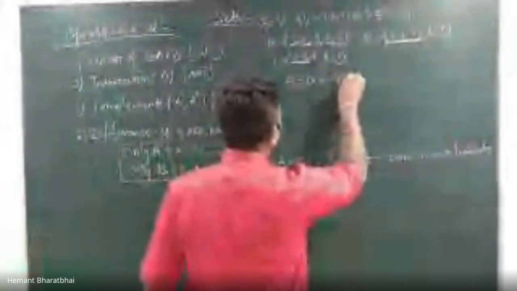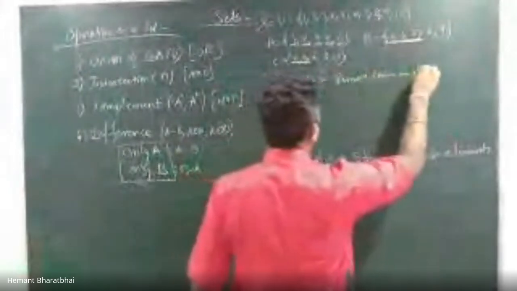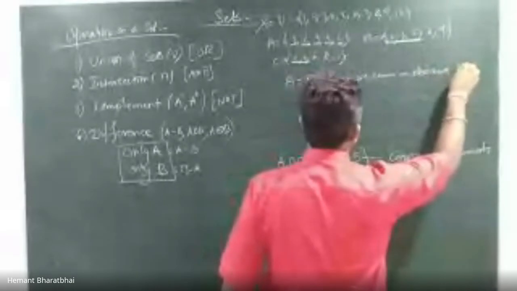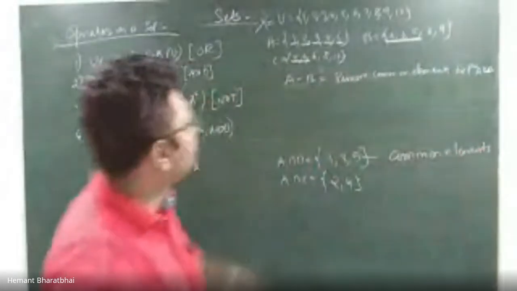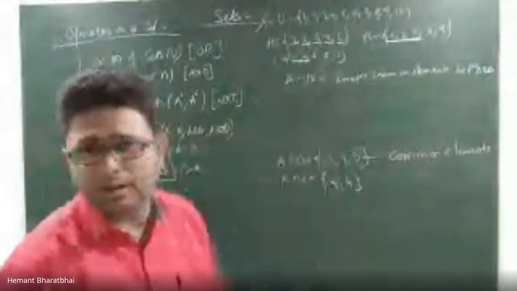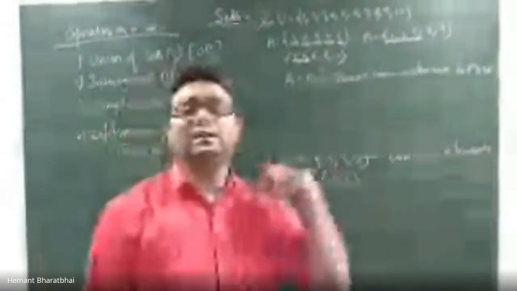So if I'm writing A minus B, this means remove B from A. Means remove all the elements of B which are there in A. Which means remove common elements between A and B. So 1, 3 and 5 are elements of A also and they are the elements of B also.